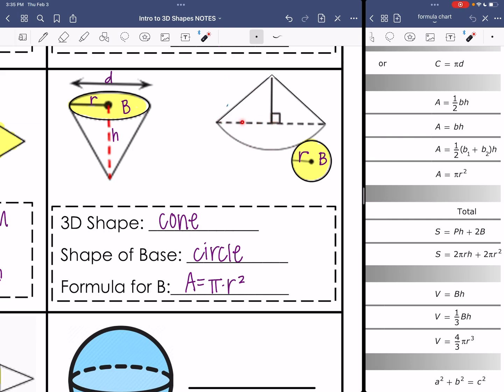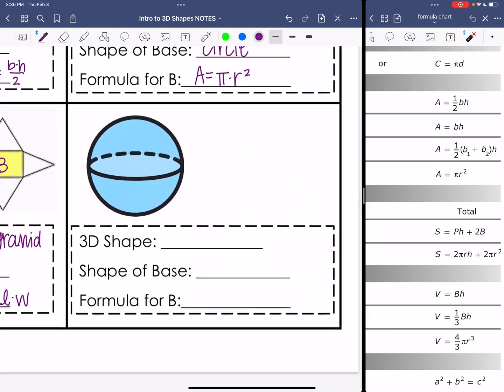So it's saying here that this dashed line represents its height. And then this line going all the way across would represent the diameter of your cone.